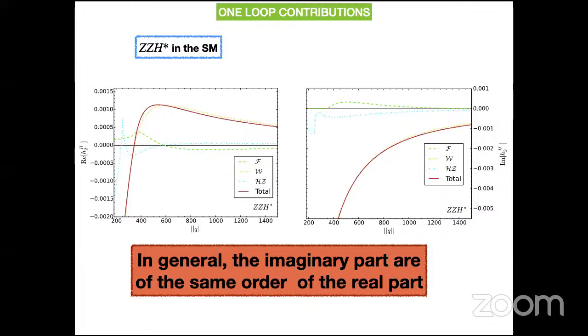Maybe at some energy levels the imaginary parts are higher than the real part. So I think the imaginary part could be relevant and it should be studied at the LHC.